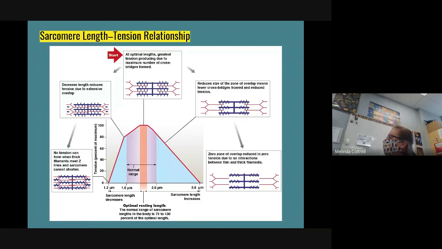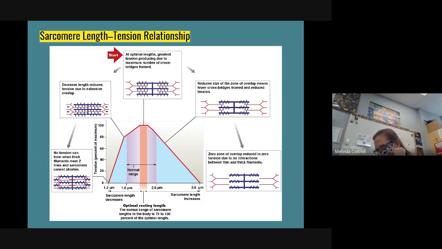And if you look at the graph, remember prior to this we talked about repolarization, depolarization. This is different. The graph looks similar because you see a peak, but this is different because this has to do with the length of the sarcomere versus the tension on it. Okay.